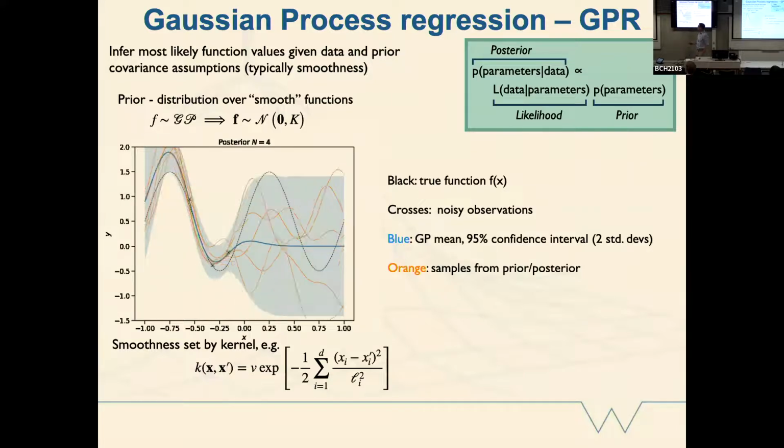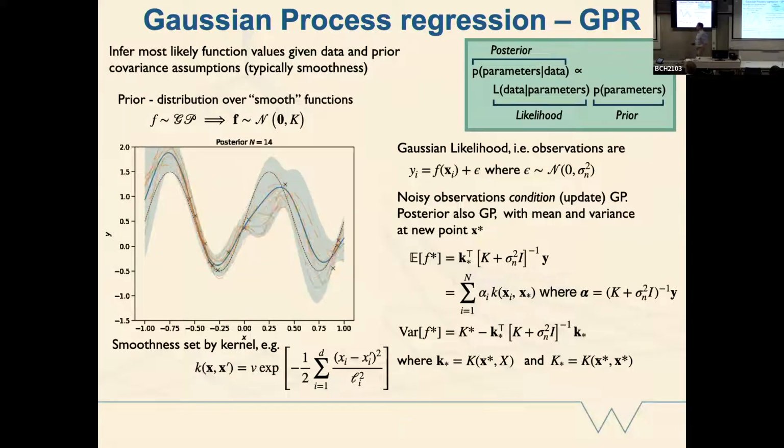We can condition that Gaussian process on those observations, which leads to an updated Gaussian process. The posterior is a Gaussian process which has an analytic form. We showed these formulas yesterday as well. And the attractive feature is the posterior variance and covariance estimates. What I want to dig into a little bit is how we can make that very useful.